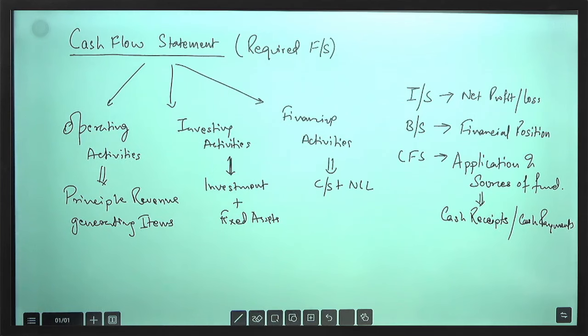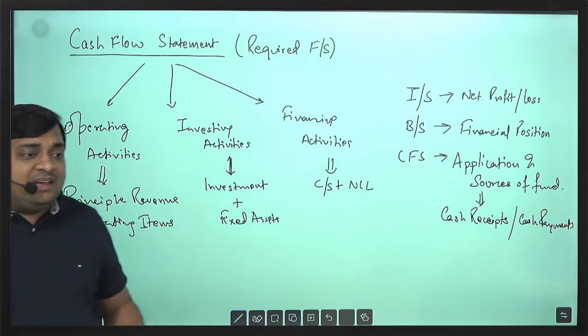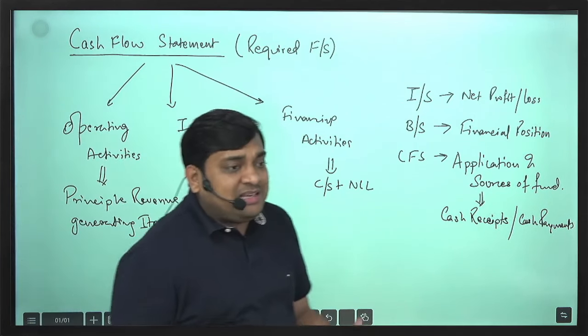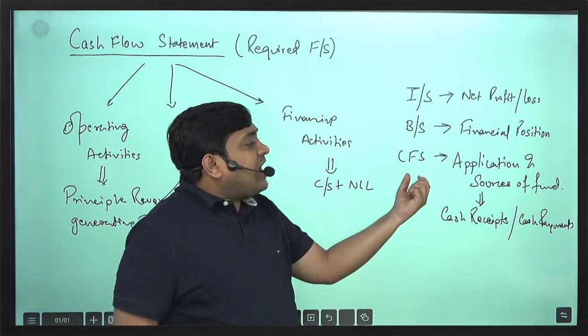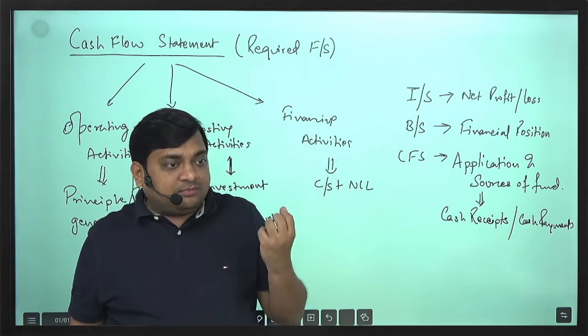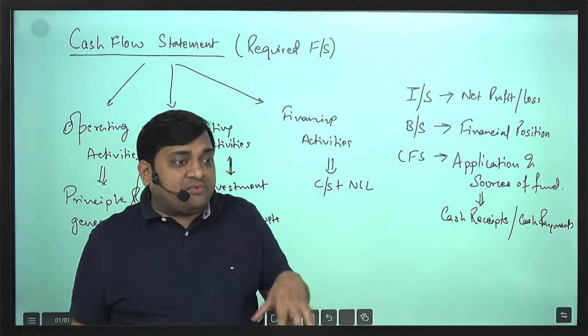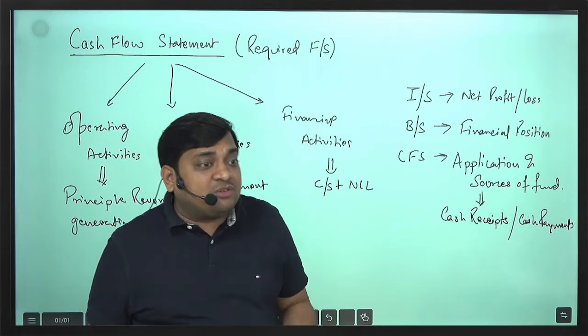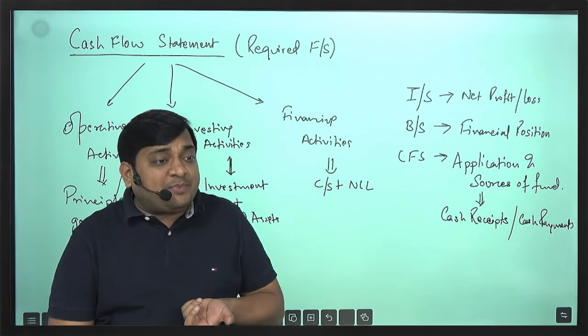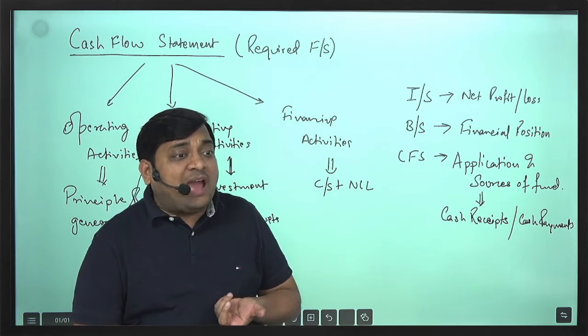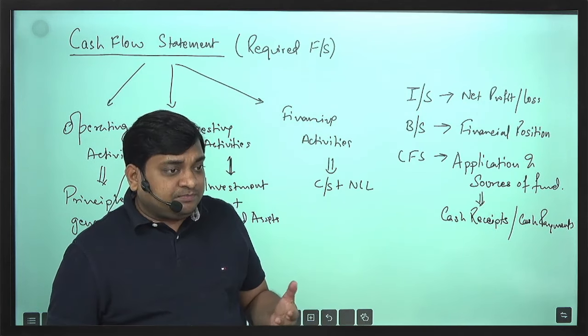Now why am I dividing my business activity into three categories? The reason is, first of all, the cash flow statement is prepared in order to identify from where you have got the funds and where you have actually applied them. Number one. Number two, the cash flow statement is prepared to identify the changes in your cash and cash equivalents. Now what is cash equivalent?